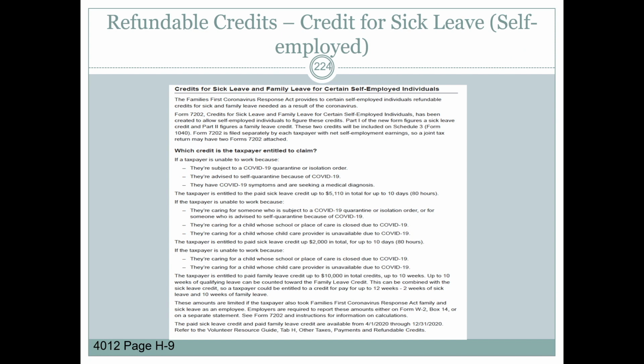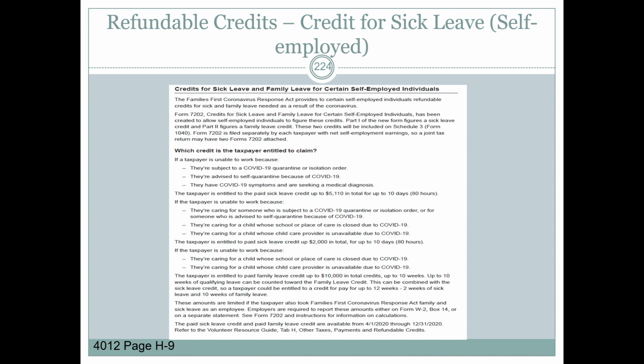These two credits will be included on Schedule 3, Form 1040. Form 7202 is filed separately by each taxpayer with net self-employment earnings, so a joint return may require two forms 7202 to be attached.